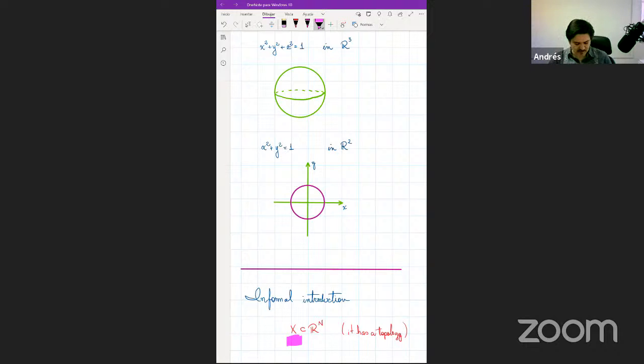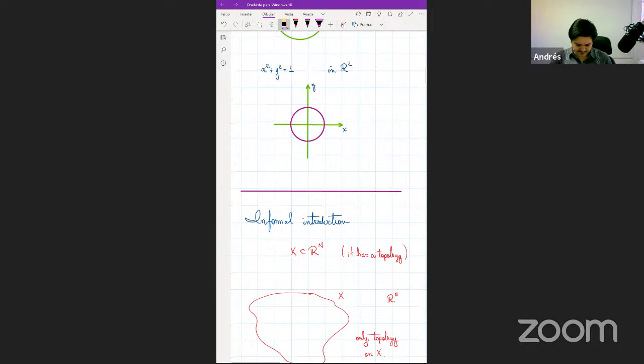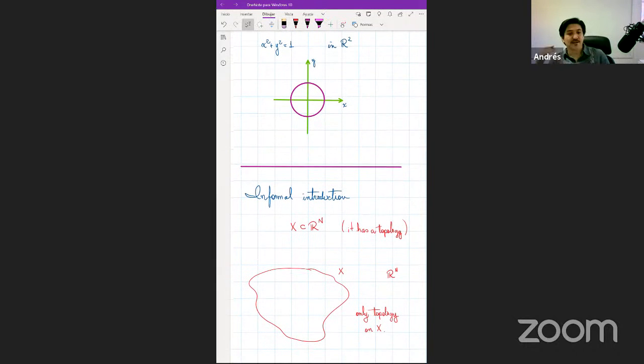That will be your topological space. So at this point, if you have a topological space, you can define continuous functions, right?